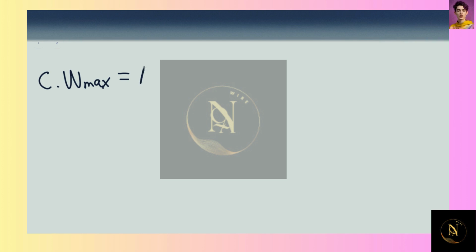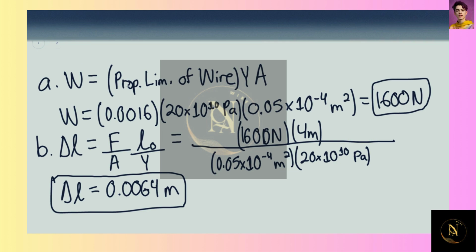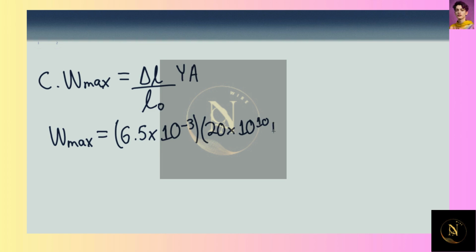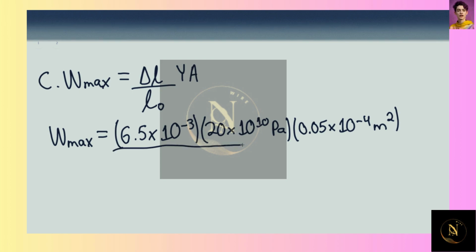This would be equal to the change in length divided by the original length, so the strain times the Young's modulus times A. So essentially, we're just manipulating this equation right here in part B. And so the weight max is going to be equal to 6.5 times 10 to the negative third times 20 times 10 to the 10th pascals times, again, 0.05 times 10 to the negative fourth meters squared. And then this would be divided by the original length.